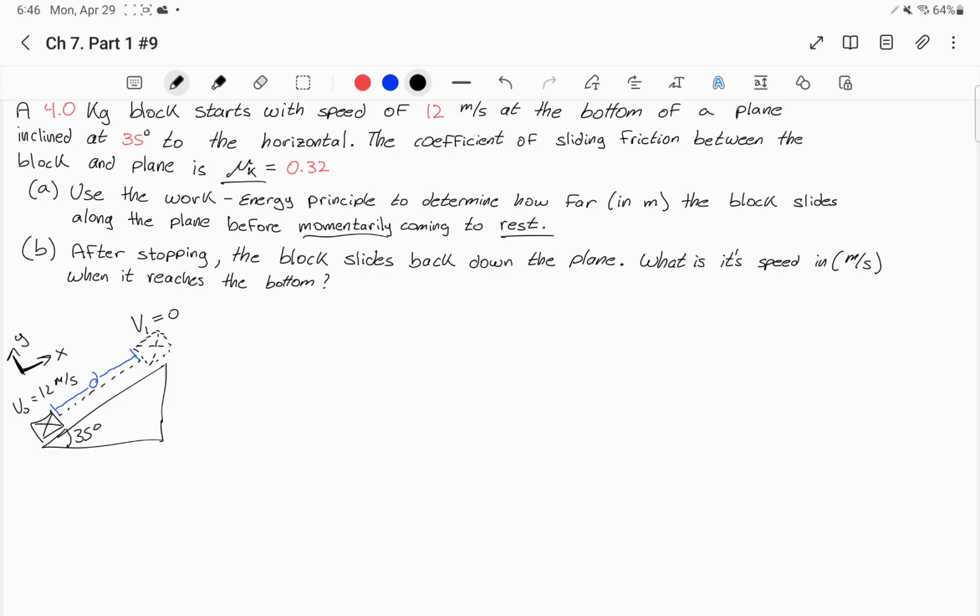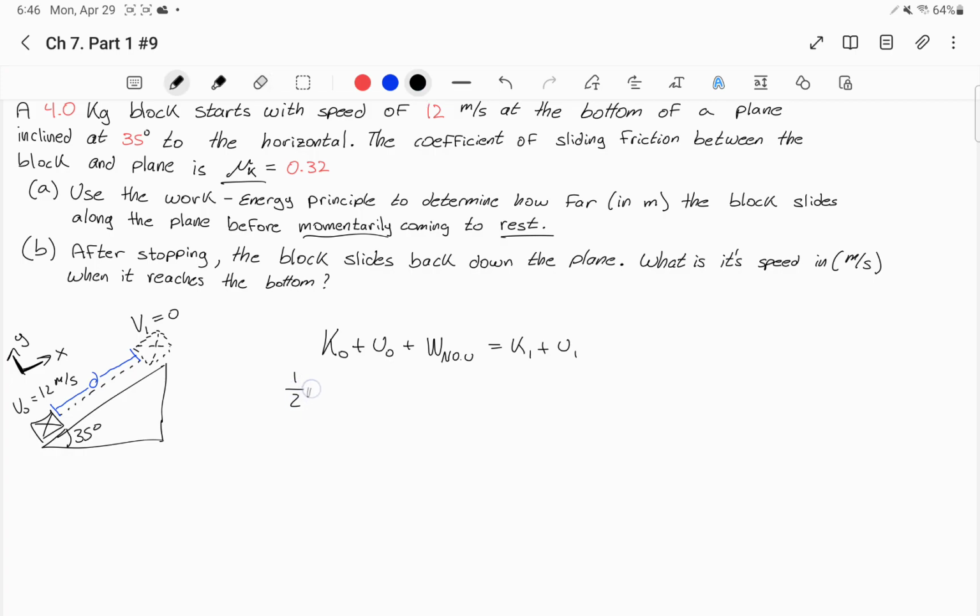Now we can jump into the equation, which is K sub 0 plus U sub 0 plus W non-conservative is equal to K sub 1 plus U sub 1. Now, W non-conservative represents all non-conservative forces, and what I mean by that is air resistance and friction. In this case, it's just friction.